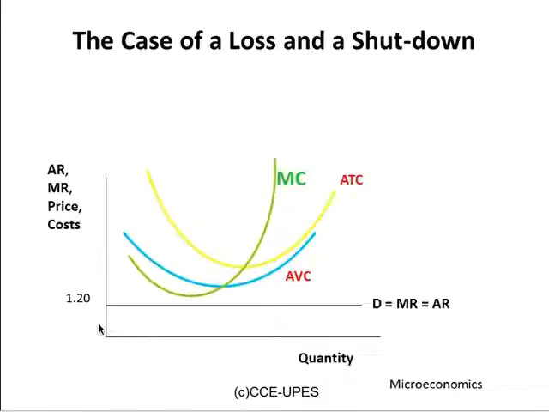He will keep producing till such time his price is covering the variable cost and part of the fixed cost. When the price is not covering any part of the variable cost, he will shut down. This is the case of loss, and this is the shutdown point.